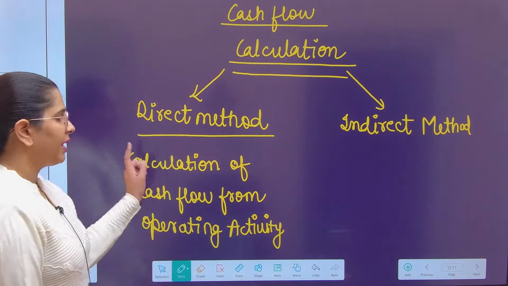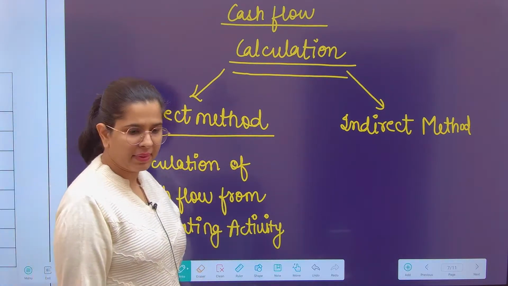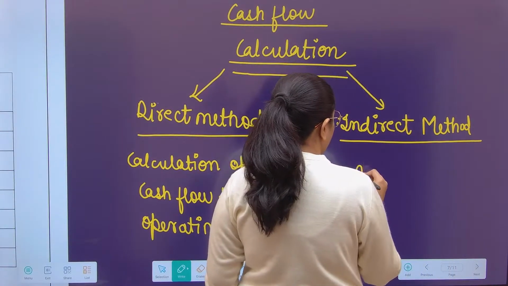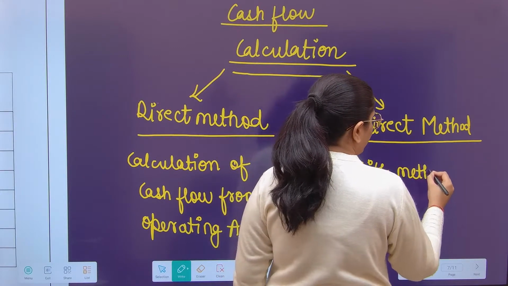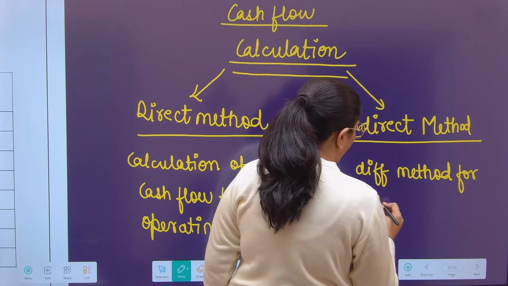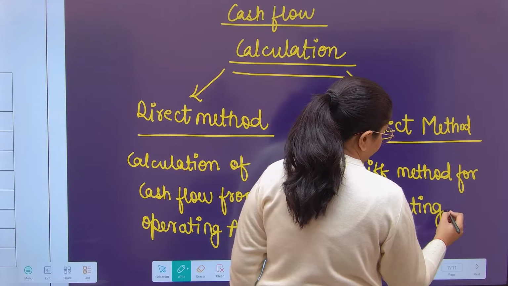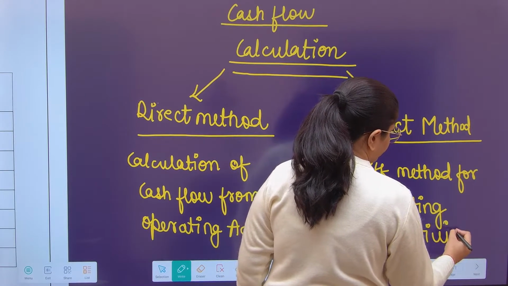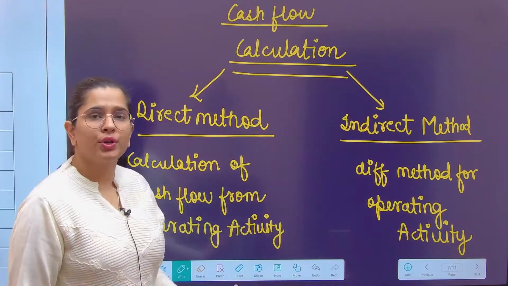Cash flow from operating activity is calculated differently under the direct method and the indirect method. This is the only point of difference.